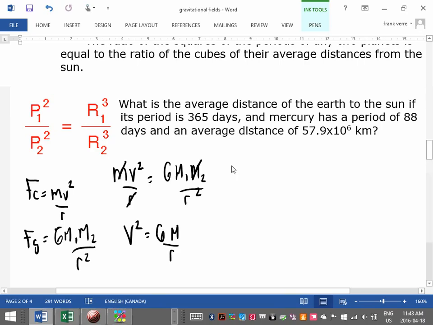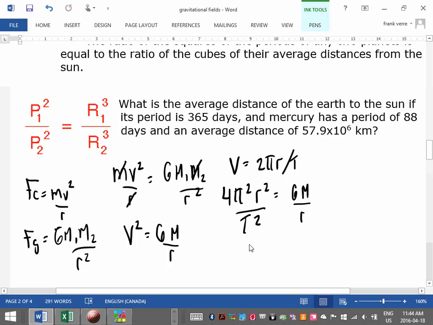And then we took it one step further, where we said, well, V is equal to 2 pi r over T. So if you square this, you get 4 pi squared r squared over T squared equals big G m over r.